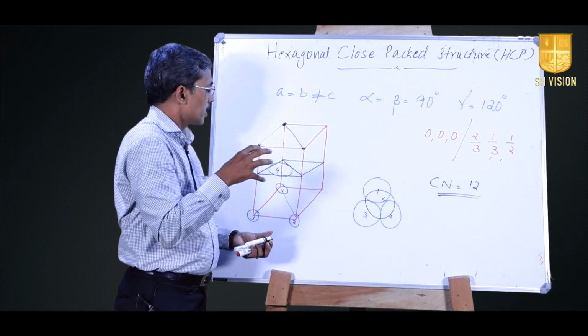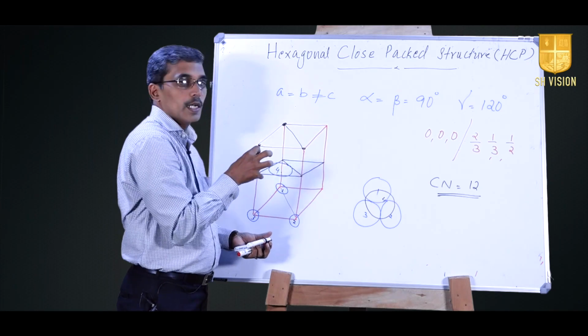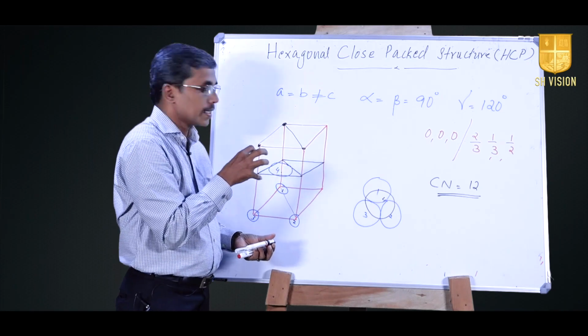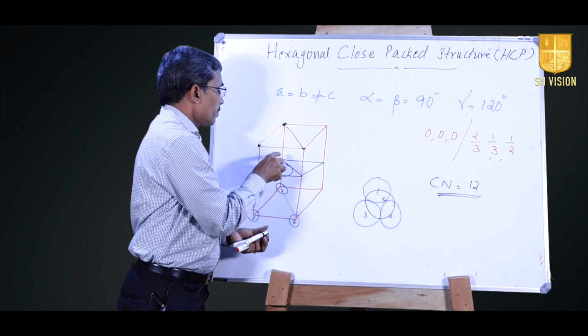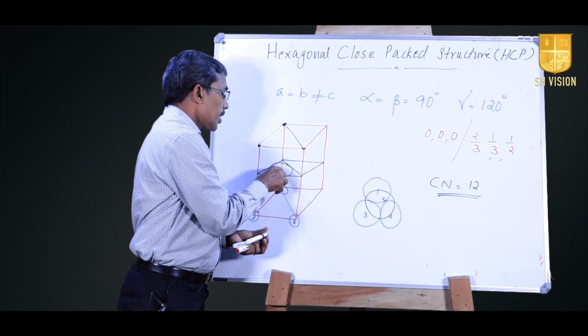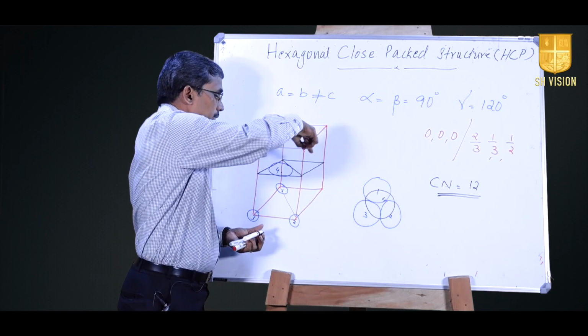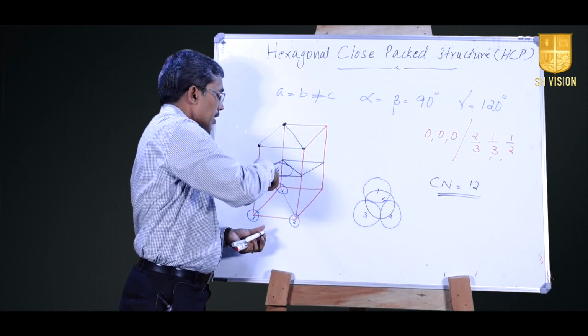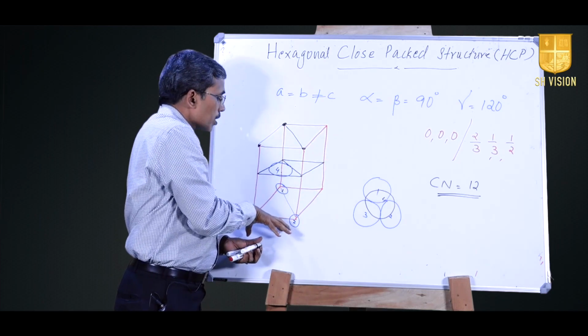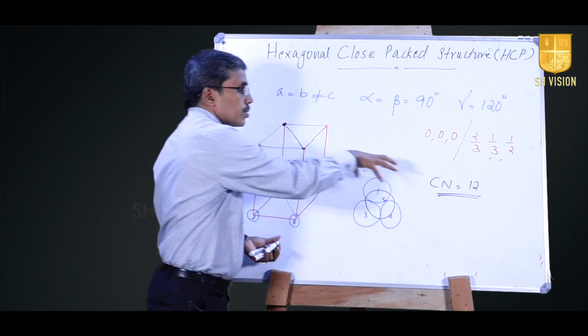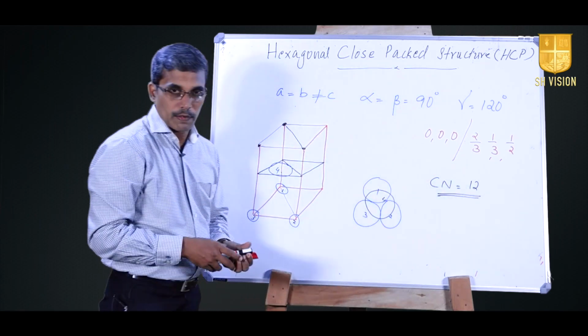For convenience we take this particular small one, that is the Bravais lattice. In this case we see one atom in the B layer which has 6 neighbors in the same layer in contact, along with 3 from the bottom layer and 3 from the top layer. So, the coordination number is 12.